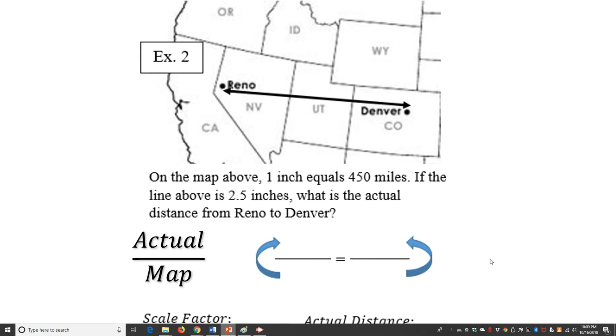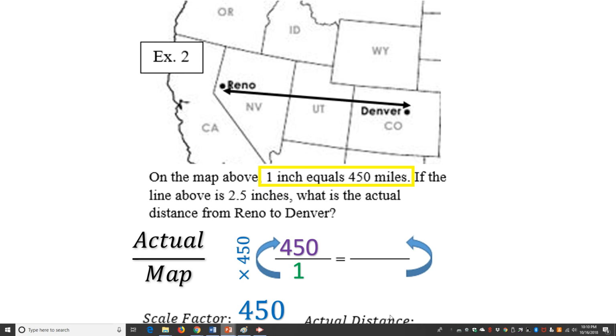Okay, on the inside left of the notes, we have example 2. The setup is actual compared to the map. The problem tells us the actual is 450 miles and the map is 1 inch. So it's a 1 to 450 ratio here. To go from 1 to 450, we're doing times 450. That's our scale factor.